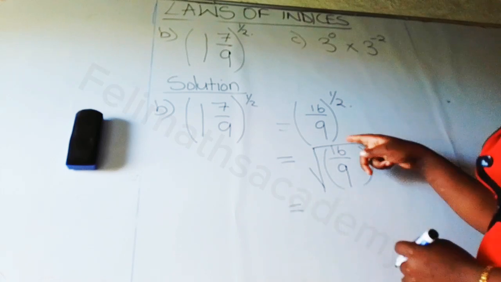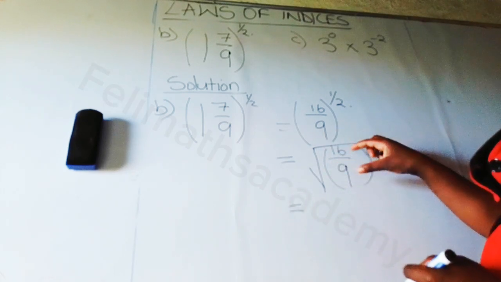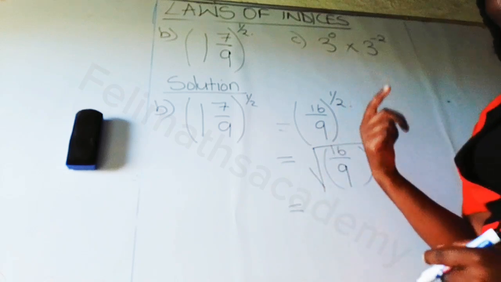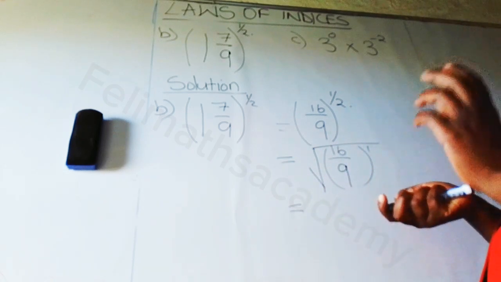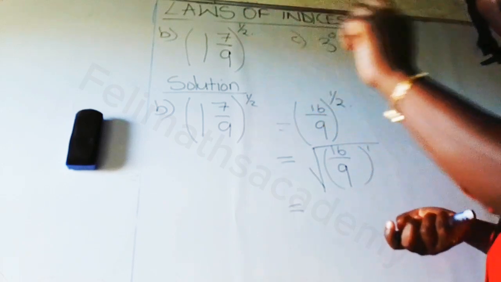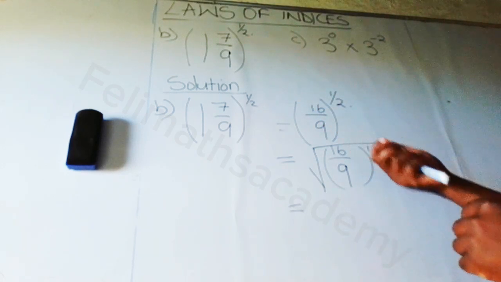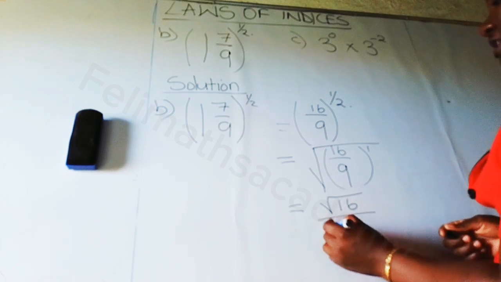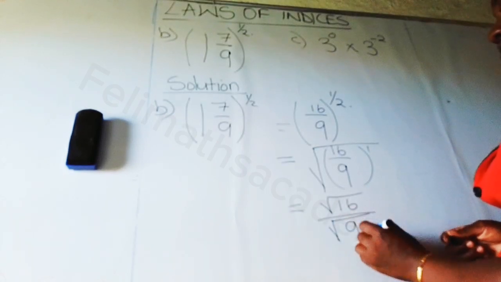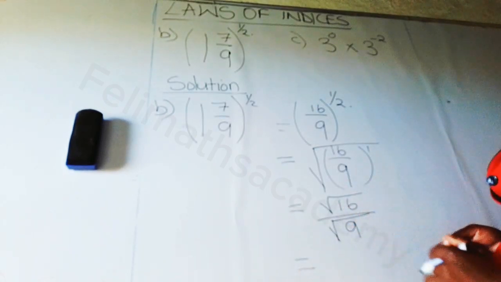So the square root of 16 over 9: if we are dividing, we can distribute the root sign to the numerator and to the denominator. So it's the square root of 16 over the square root of 9. What is the square root of 16?